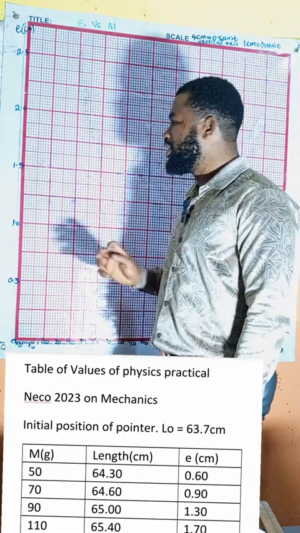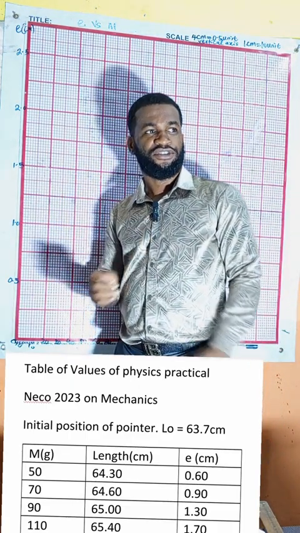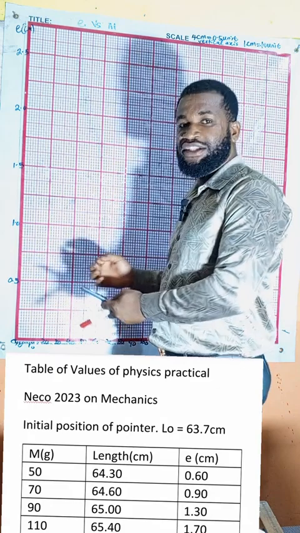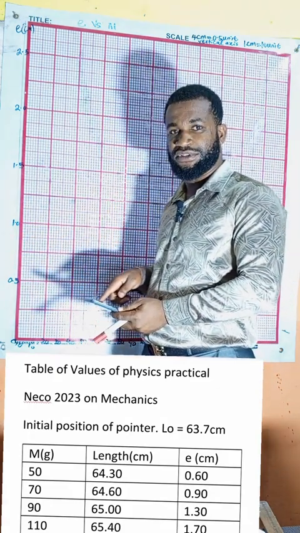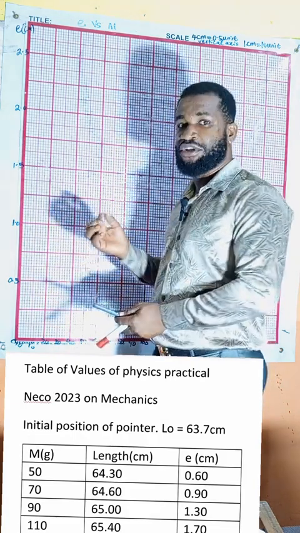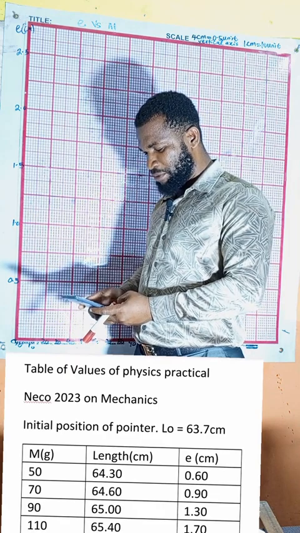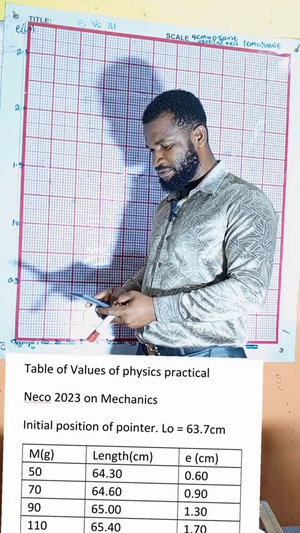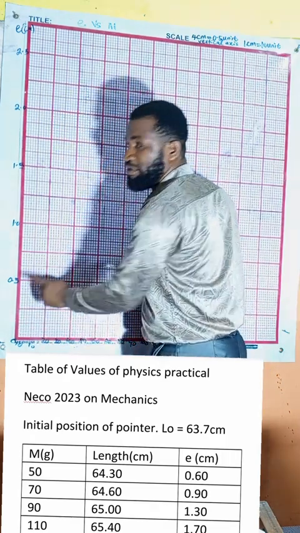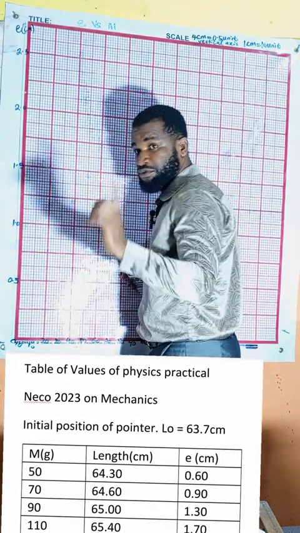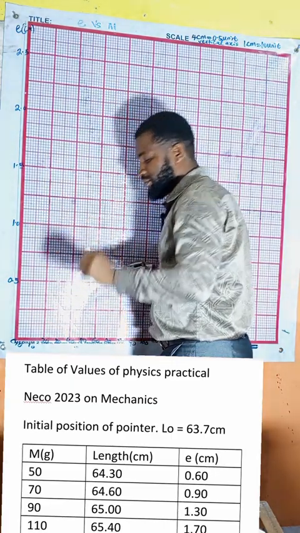To get 1, you need to count 40 lines. Let's do that together. You are going to have 40. But how do you get 0.1? You are going to say 0.1 divided by 0.025. You are going to have 4. So 4 lines means 0.1.